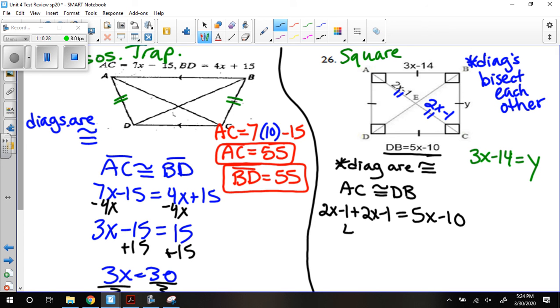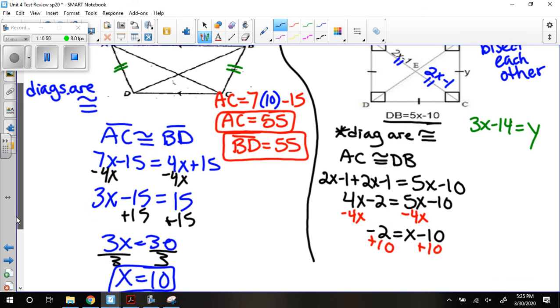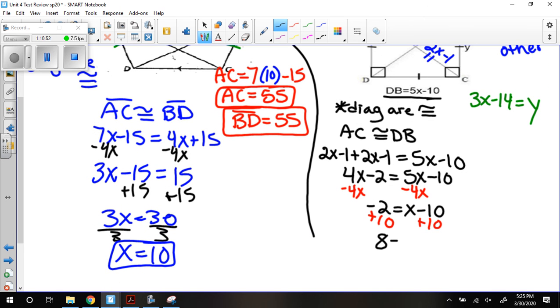If I combine like terms, I've got 4x minus 2 equals 5x minus 10. I can subtract my 4x, and I've got negative 2 equals x minus 10. I can add the 10. And so I know that x is 8.